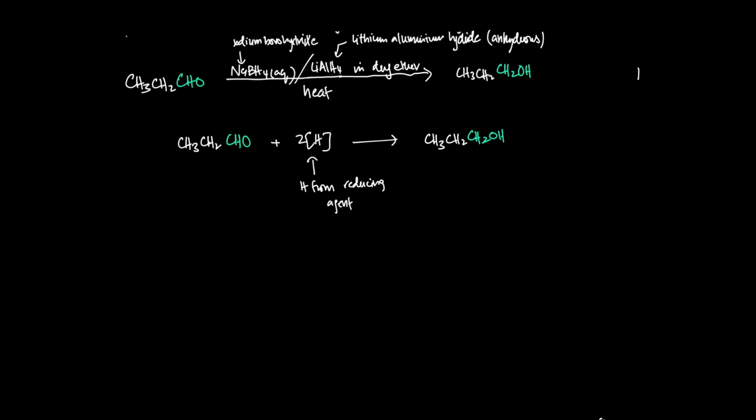Now for this reaction, you can also use hydrogen and nickel, the way you use it for alkenes. But the issue with using hydrogen and nickel is one that is very specific to Cambridge. What has happened in the past is that Cambridge has given a question where they have an aldehyde and you're using hydrogen and nickel.